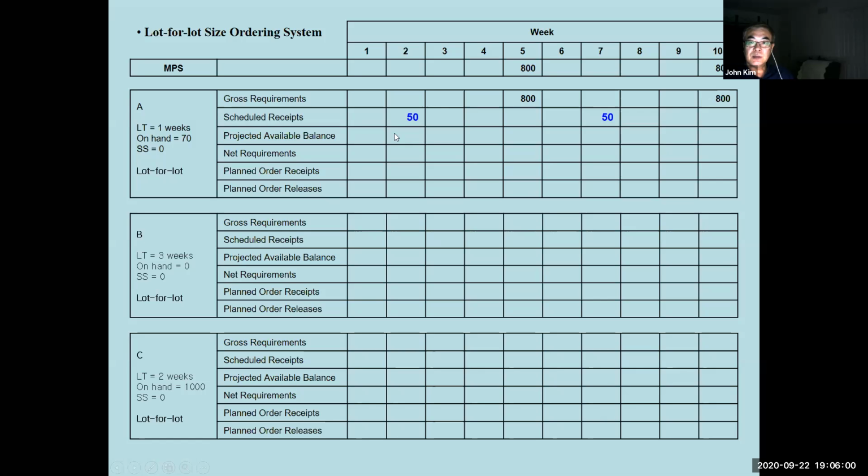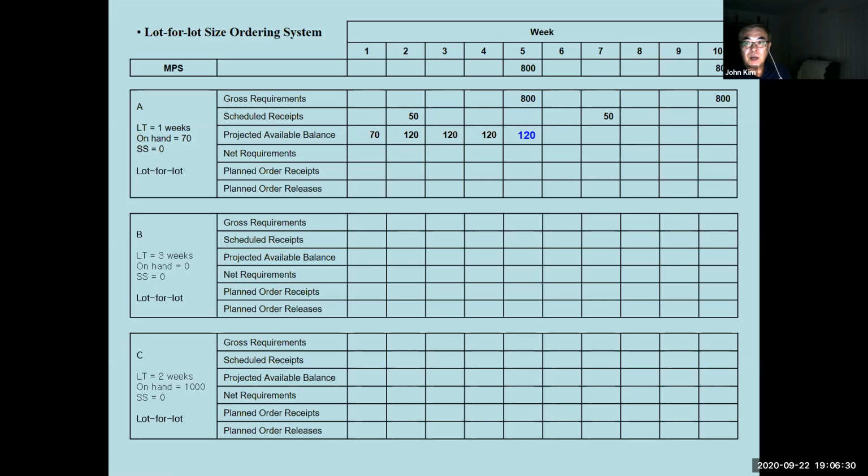And then projected available balance on hand is 70. So first week 70 available. And then week 2 receive 50. So available balance is 120. And then no change until this week. 800 needed, but on hand is 120 available.